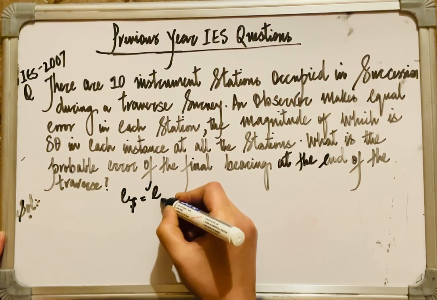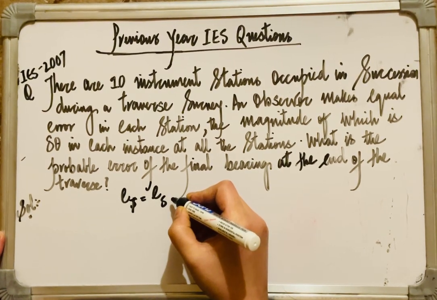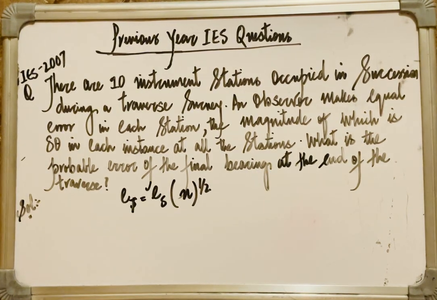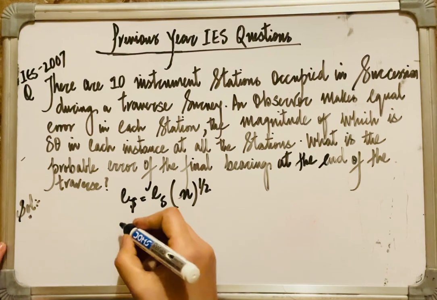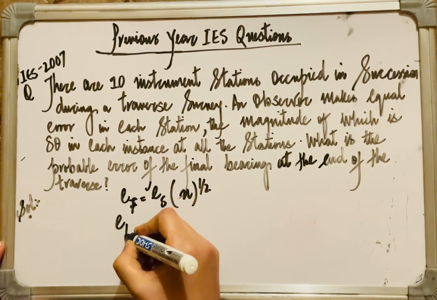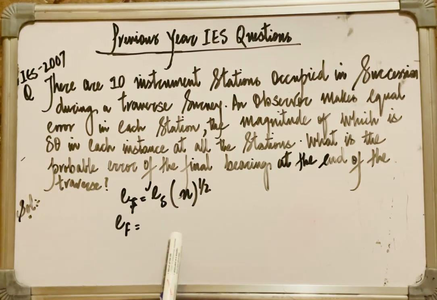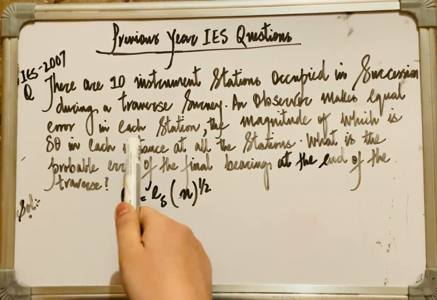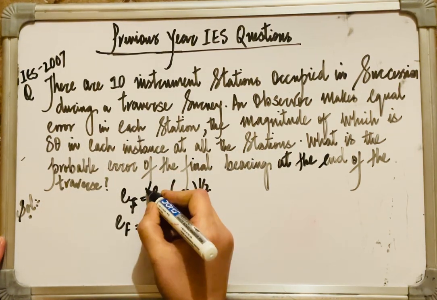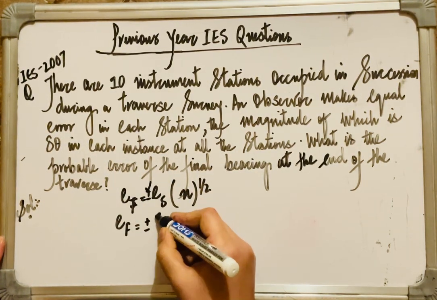It is equal to the probable error in a single observation multiplied by the square root of the number of observations that have been taken. All right. So the probable error of the final bearing, or I may write it as E_F, is equal to the probable error that has been made in each station, that is plus minus delta theta.